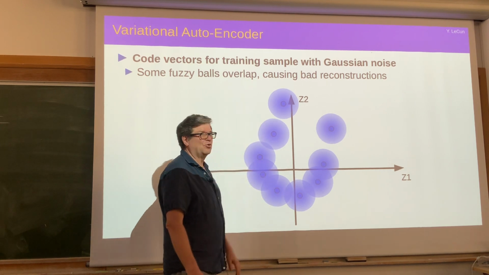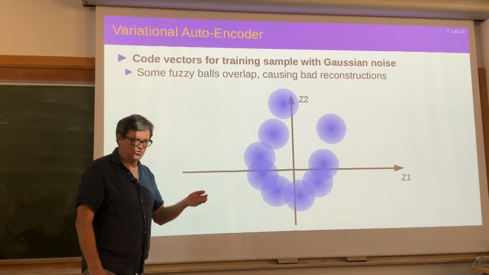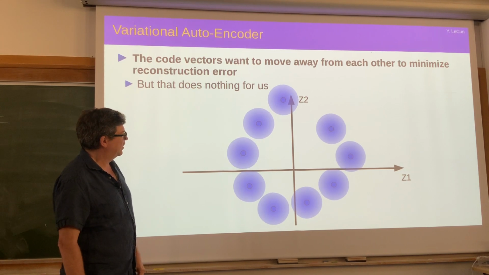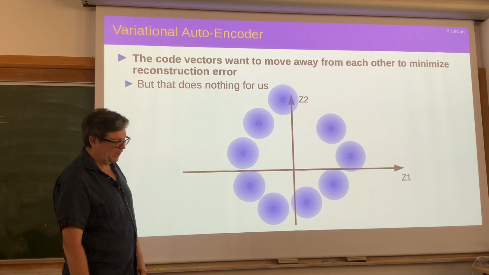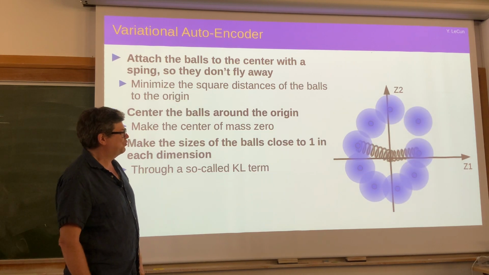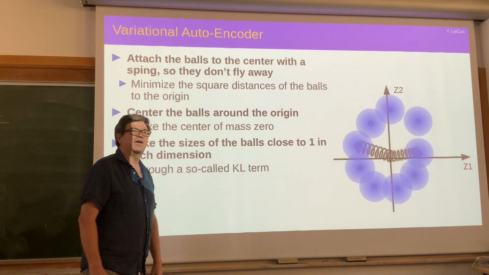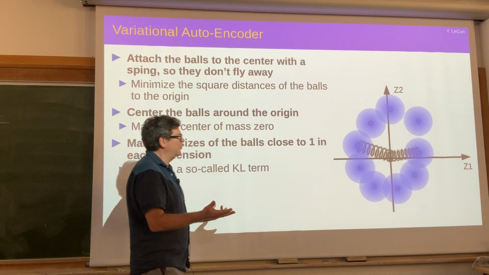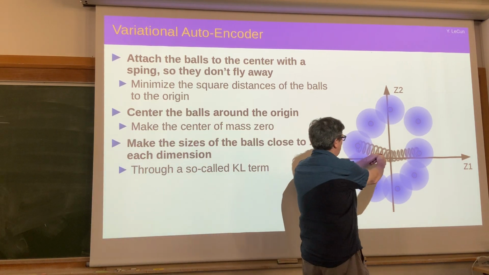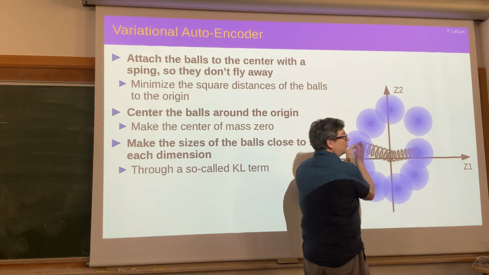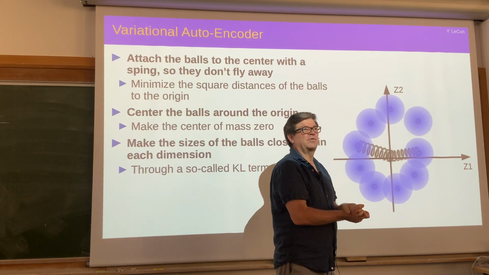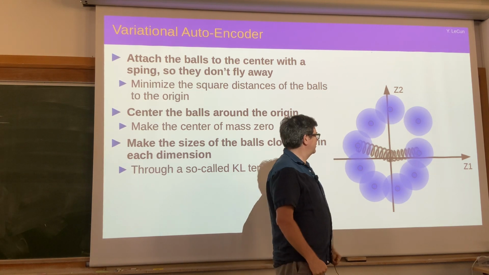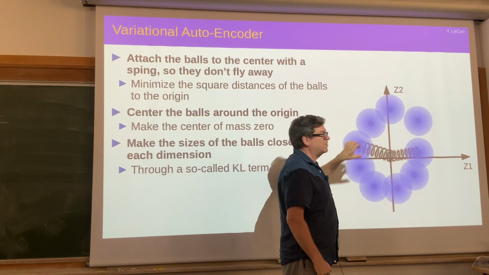So what the system is going to do if you have fuzzy codes is that it's going to make the code vector fly away, which of course is not a good solution. So you have to tie that to the origin with springs, okay? And that's the other term, the regularizer. So basically what matters now is only the ratio of the length of that spring to the width of that bubble, okay? And that's this R over S, S over R, whatever. I mean, that's R, that's S.